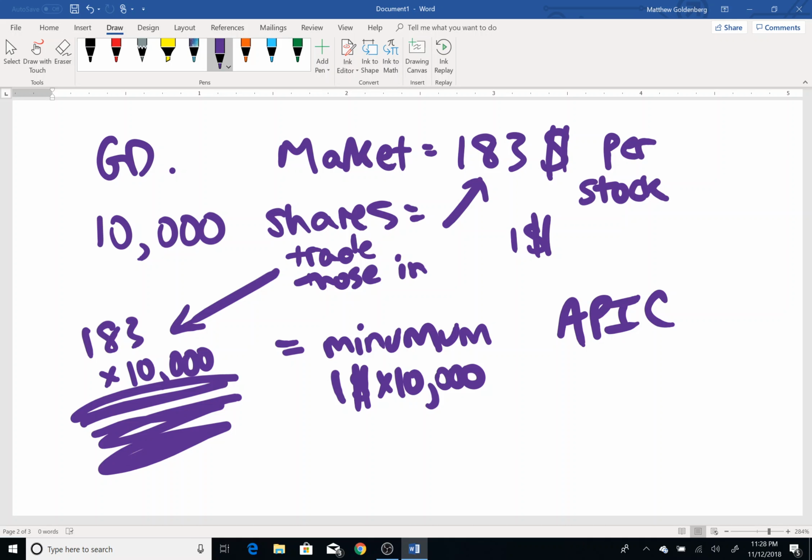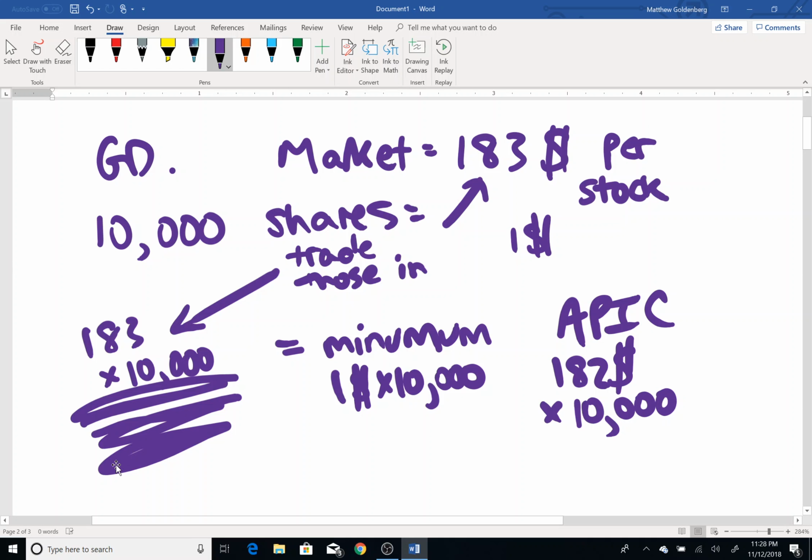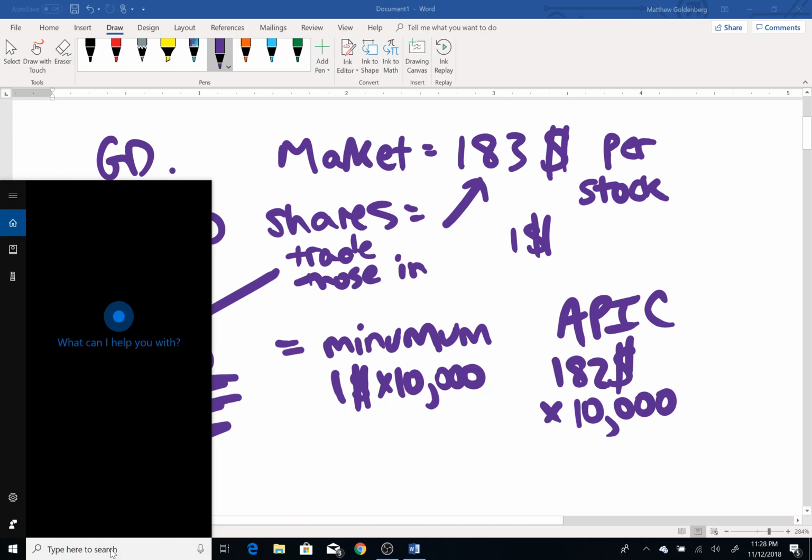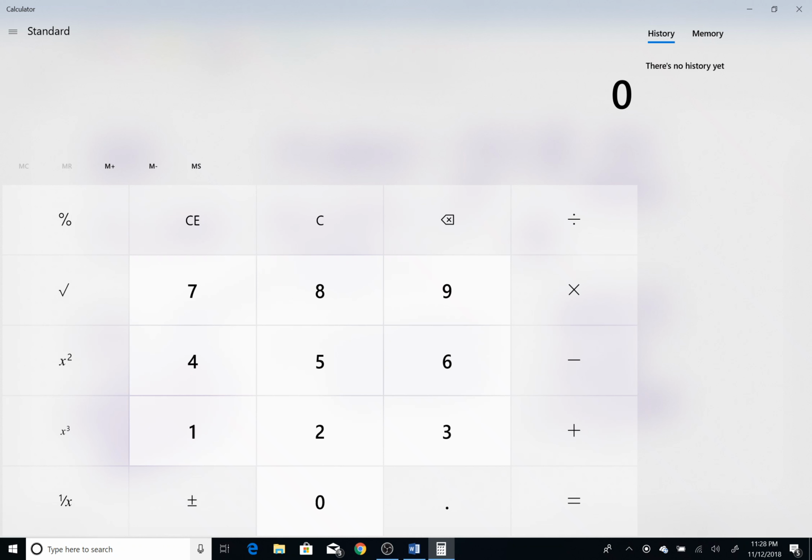So if you have $1 times 10,000, that's 10,000. But then what's left over is $182, the additional valuation of the stock times the number of shares you have. And let me just upload this computer calculator for a second just to make sure my numbers are correct. Remember, the stock was 183,000.